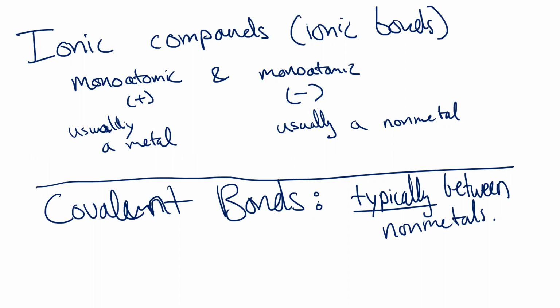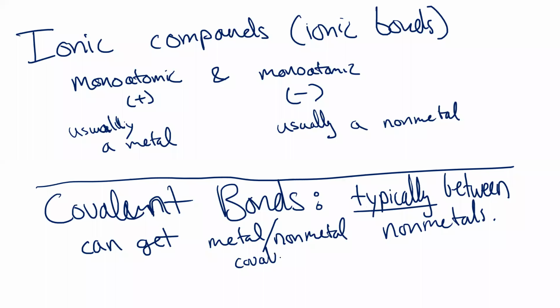When I say that, of course, that means metals are capable of forming covalent bonds with non-metals. That can happen. It's typically between non-metals, but you can get metal, non-metal covalent bonds, and there are some very important ones.